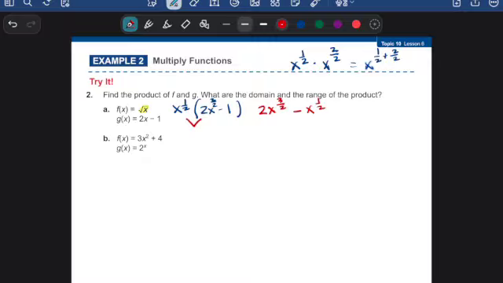And now I can put them back into radical notation. So 2, and remember, I'm doing a little bit of a review here. When we're using rational exponents, whatever is in the denominator is the type of root that we're doing. So in this case, the root would be a square root. And whatever's in the numerator is going to be the exponent on the radicand, or whatever is inside the square root.